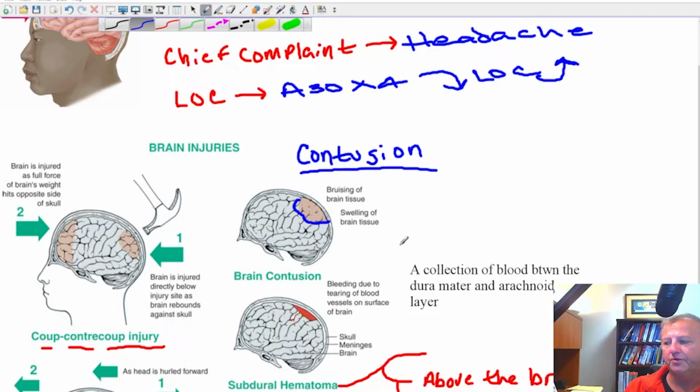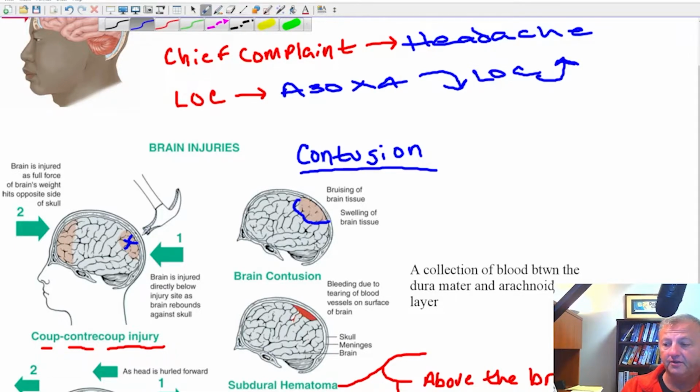All right, contrecoup injuries. Here's an example of the hammer striking the head. The brain is injured directly below the injury site, right here, as the brain rebounds against the skull. And no doubt there are going to be injuries caused by this hammer.